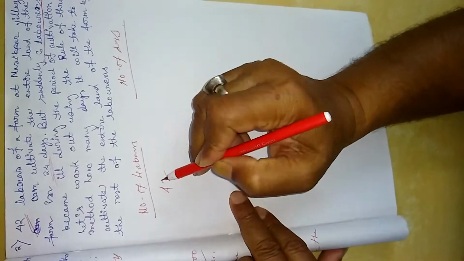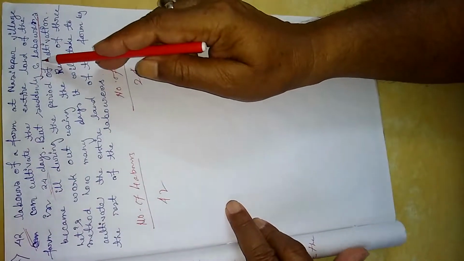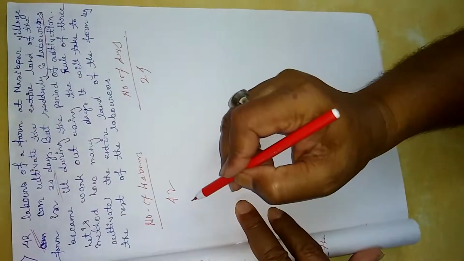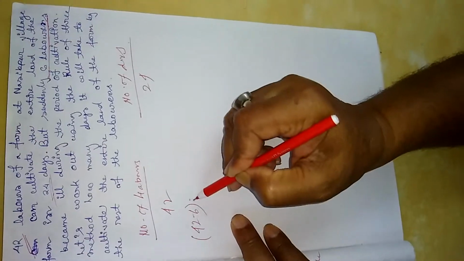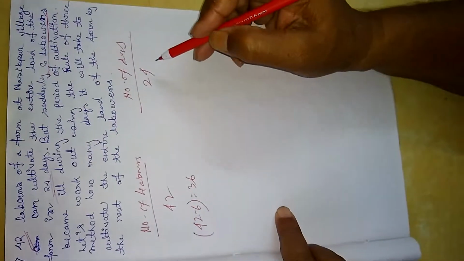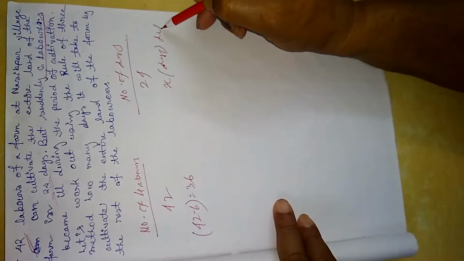At first 42 laborers can cultivate the land in 24 days. When 6 laborers become ill, the number of laborers is 42 minus 6 equals 36, and they can cultivate the land in X days.